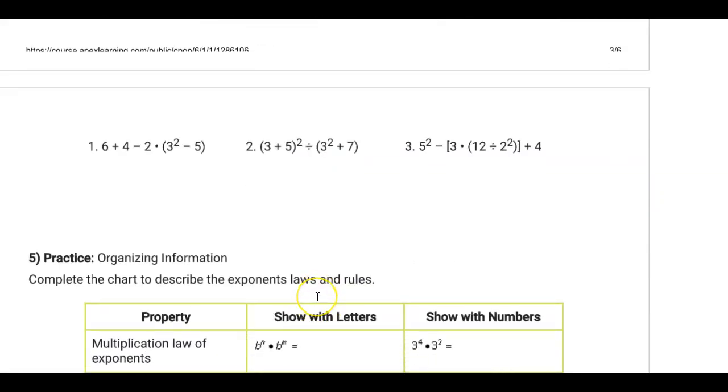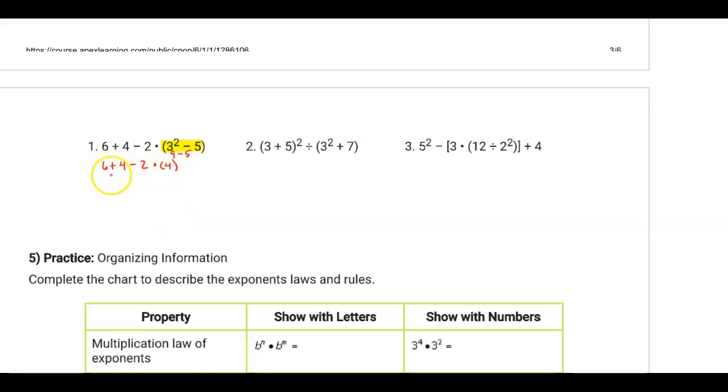So let's look at the examples here. Right away, when I look at doing example 1, I see parentheses. So I'm going to go inside the parentheses and do that operation. So I get 6 plus 4 minus 2 times 3 squared is 9, and 9 minus 5 would give me 4.